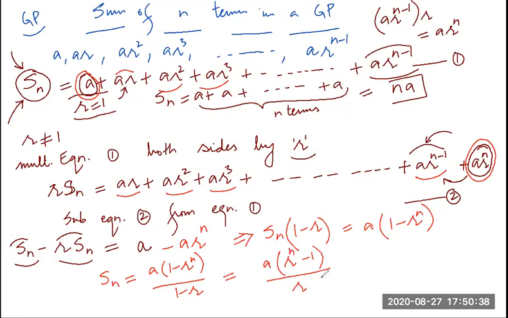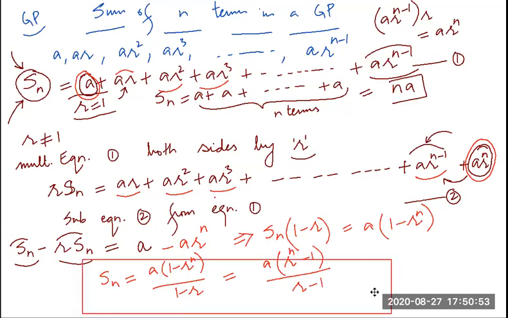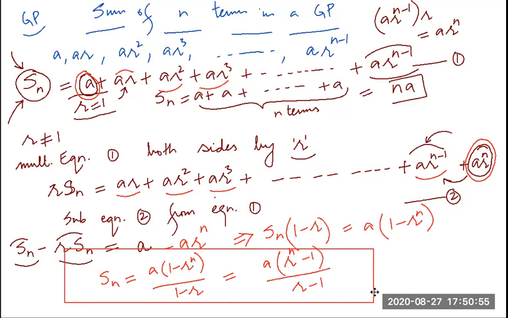So guys, this is the formula for n terms of a GP. Beautiful. Sn is equal to A, that is first term, into r raised to power n minus 1 divided by r minus 1.